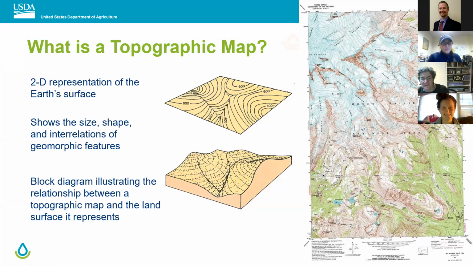Then you see a flat version here with just lines and some numbers. And one in the middle bottom is a block diagram, which is more like a puffed-up illustration looking at the topographic map and the land surface together.